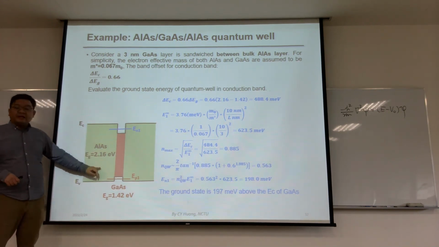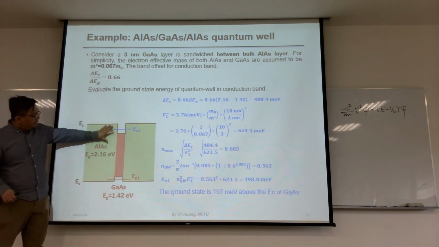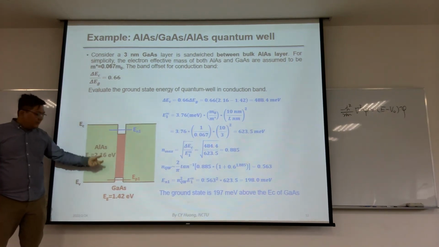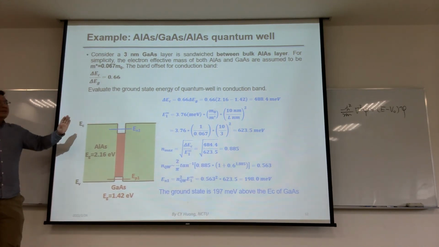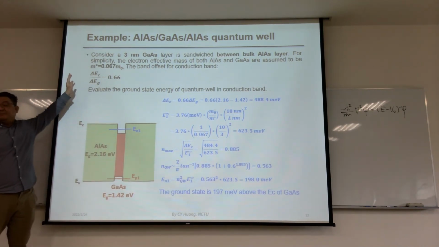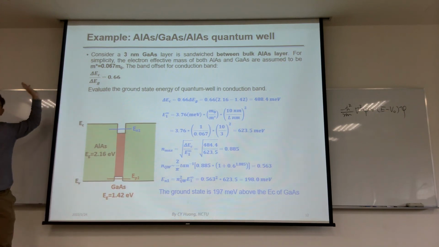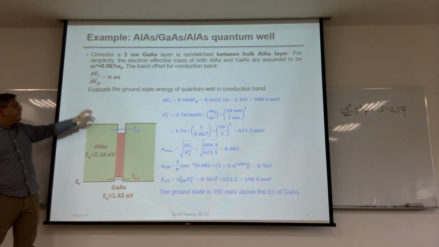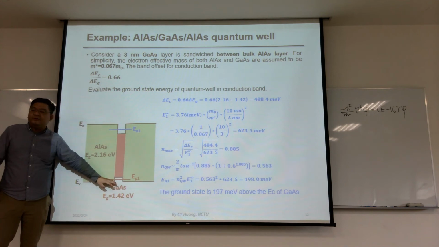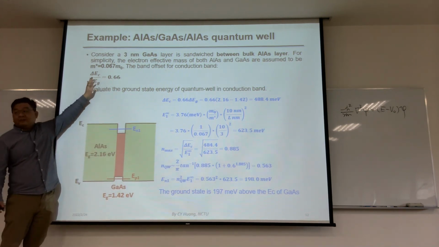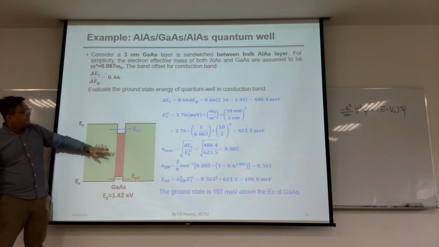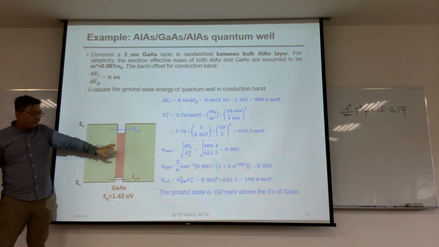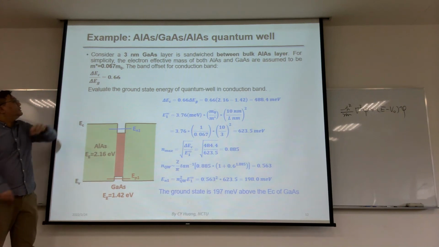Then you have a delta EG, right? But the difference of the band gaps will be distributed between the conduction band and the valence band. So this is another material parameter called the band offset between two materials. Because you have the band gaps of two materials, but you need an additional number to know how much of the difference goes to EC and how much goes to EV. So the answer is 0.66.